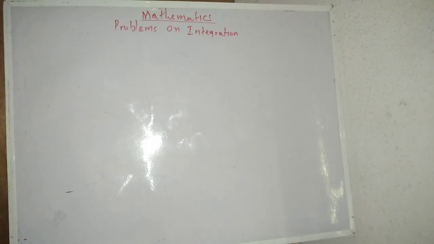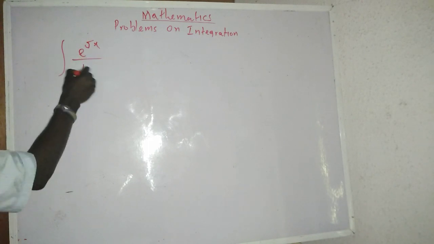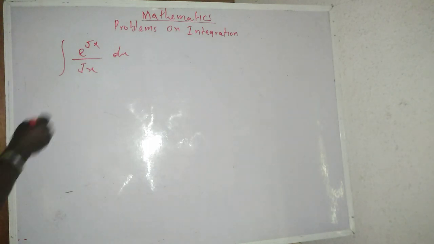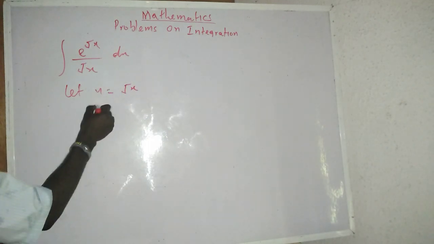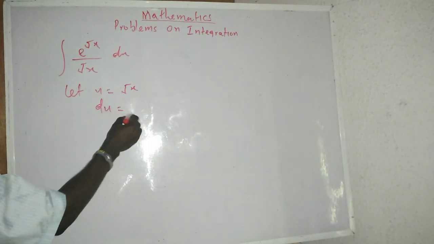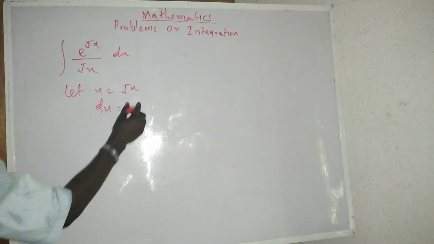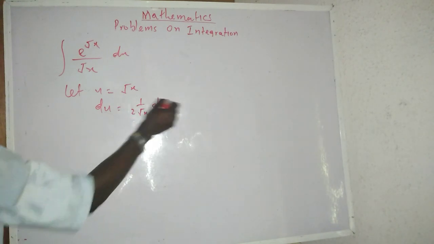Now, if I have another problem, the integral of e raised to power root of x all over root of x dx. If I solve this type of problem, it's also very easy. I will just say, let u equals root of x. Then du is 1 all over 2 root of x dx.